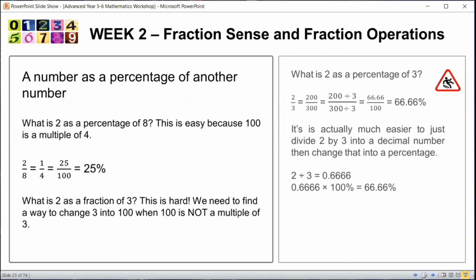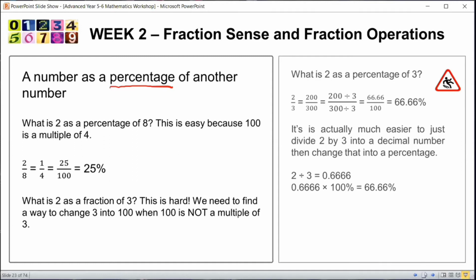Now, the next bit that I want to look at is called a number as a percentage of another number. Be careful. I'm sure you already covered what a percentage is. It's just a fraction out of 100. So what is 2 as a percentage of 8? Let's try.